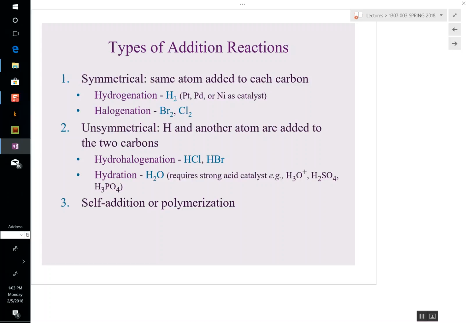So you can see if we focus in on this bond right here, we sever that. This is not a symmetrical reactant. It's unsymmetrical. Half of it is a hydrogen, the other half of it is an OH. All right, so this is hydration.